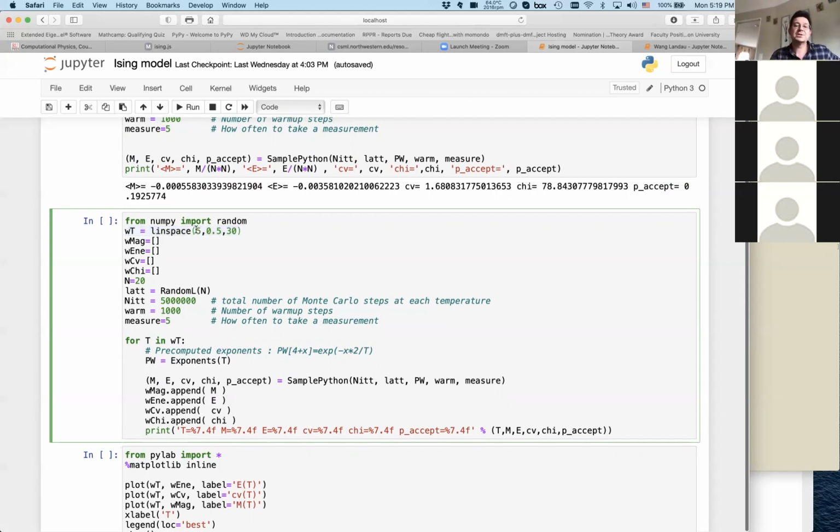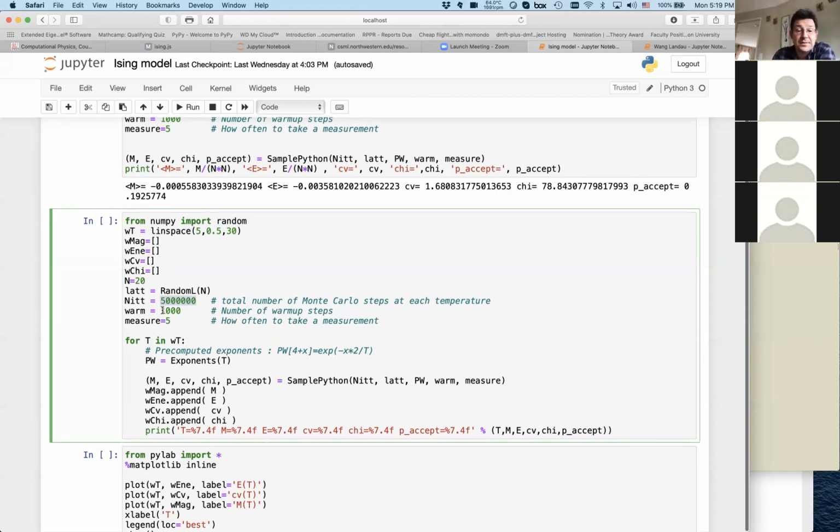So the choice is to start at temperature 5 and go down to temperature 1/2, and we're going to have 30 points. Of course, we could have more points, but since we are making only 5 million steps every time, this is not going to be terribly precise, so there is no point in having a very large number of points, since the precision of these points is not so great either.